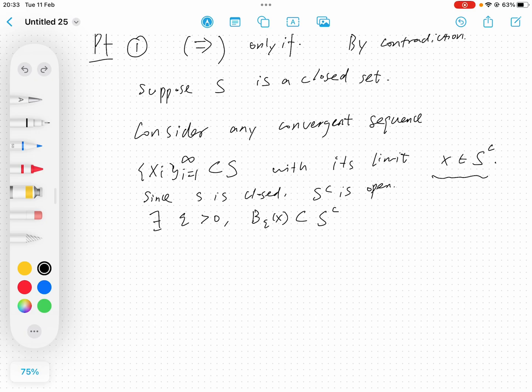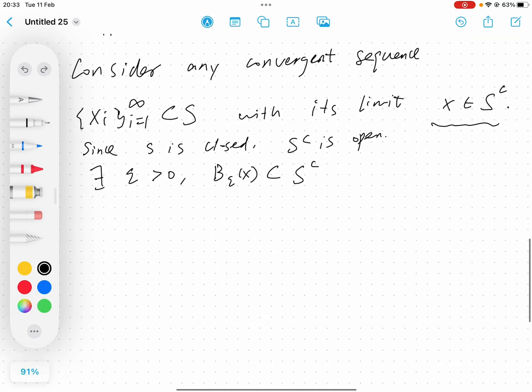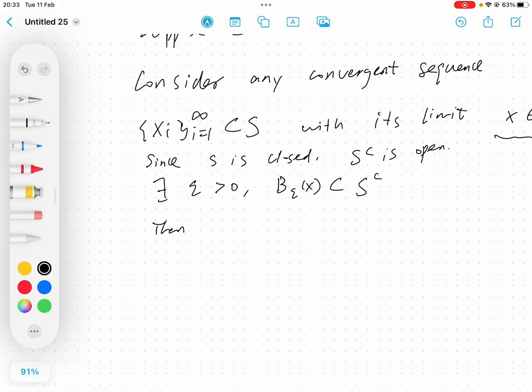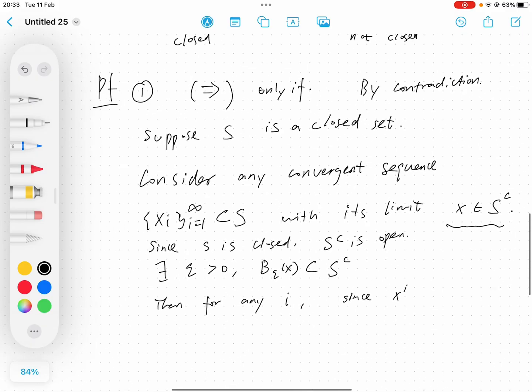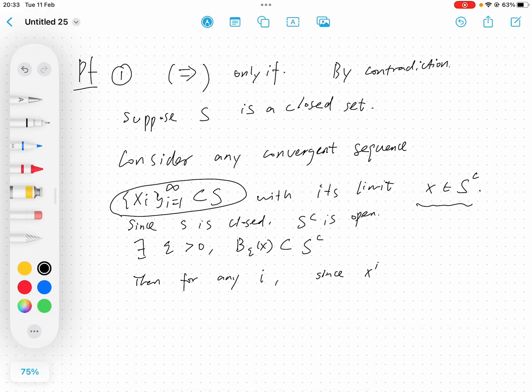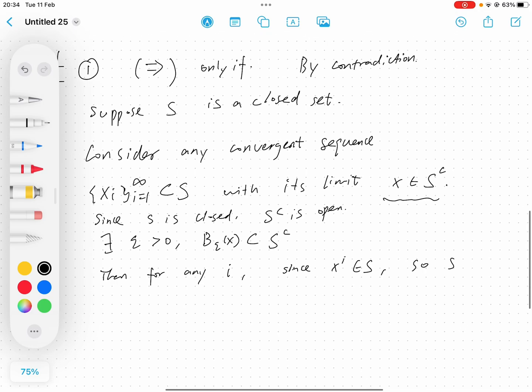Okay, and then for any of those i's, now we have those xi's. Remember that those xi's are in S. It's just the limit that is not in S, but those xi's are all in S. So xi is in S, so xi is not in Sc.